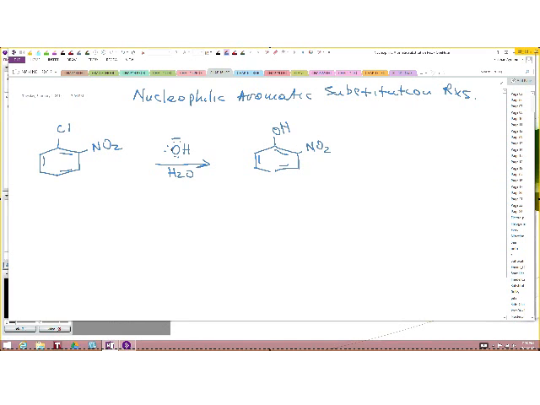Here the hydroxide is acting as a nucleophile. Keep in mind, for this to occur, the leaving group here must be either ortho or para to the nitro group.